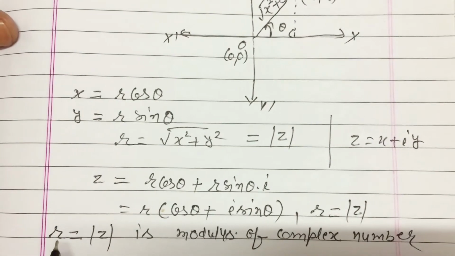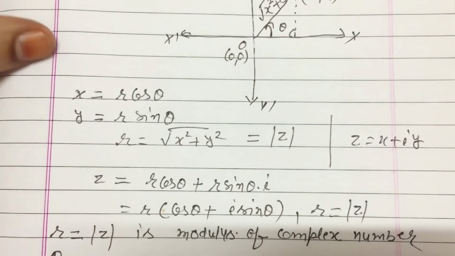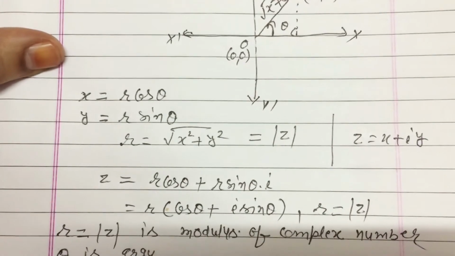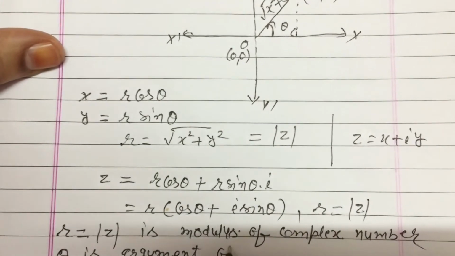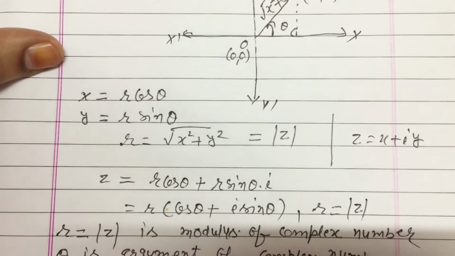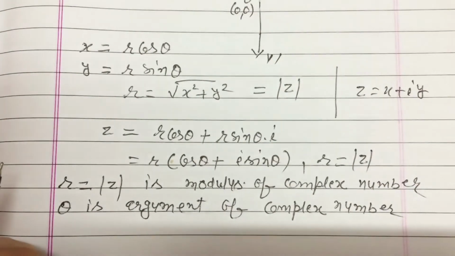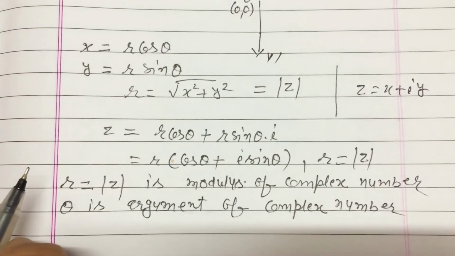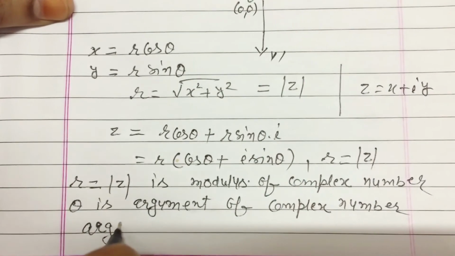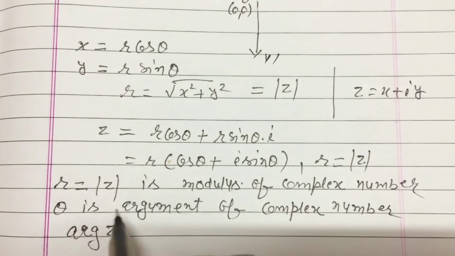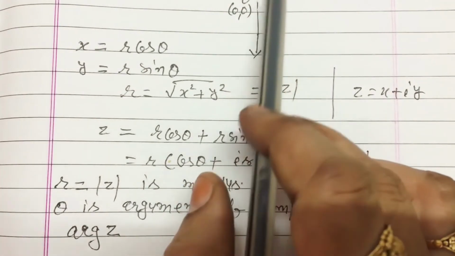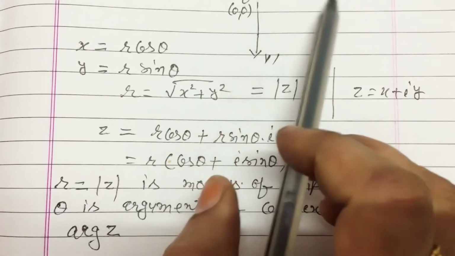Okay, and it is known as the argument of the complex number, and it is written as arg z, argument of z.